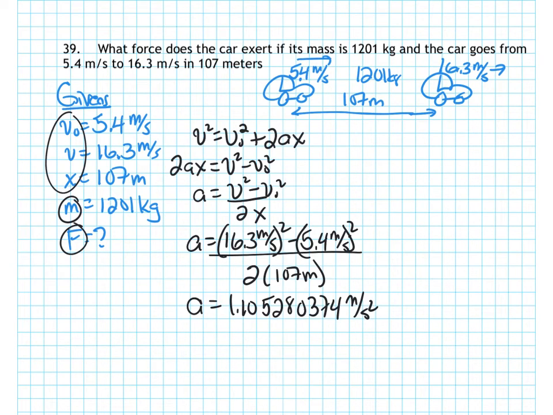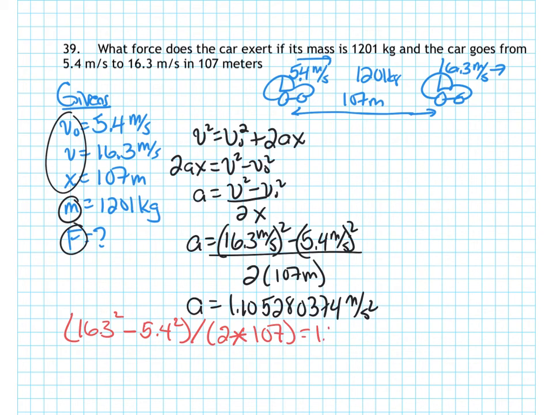A little note about the calculation. On your calculator, what you would probably write is the numerator in parentheses, so we can do it all in one step: 16.3 squared, minus 5.4 squared, parentheses, and then the denominator in parentheses again: 2, asterisk (times) 107.